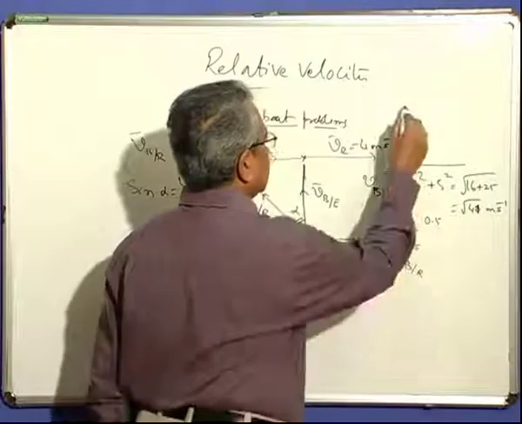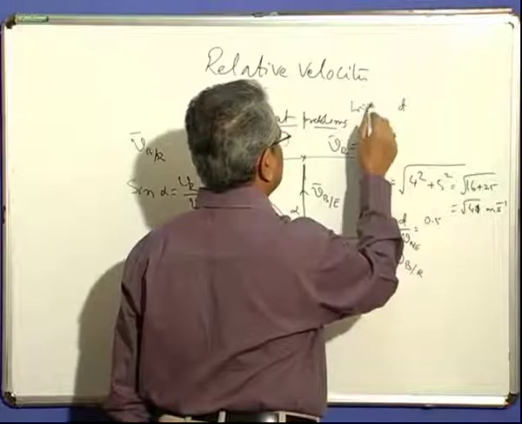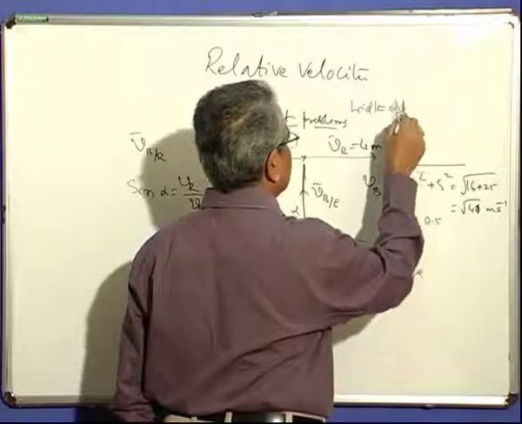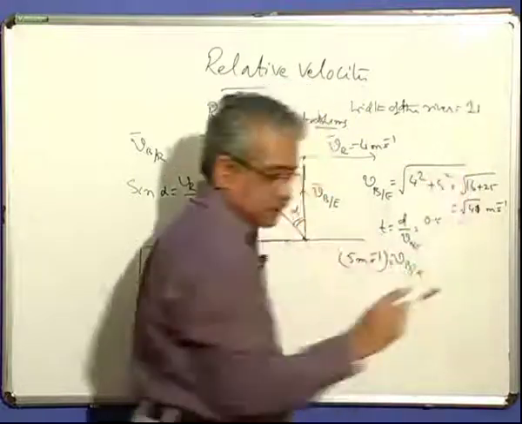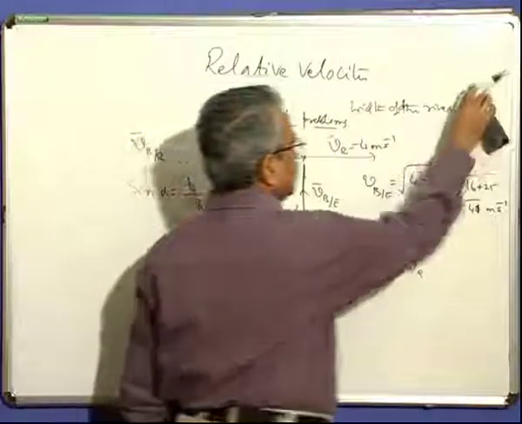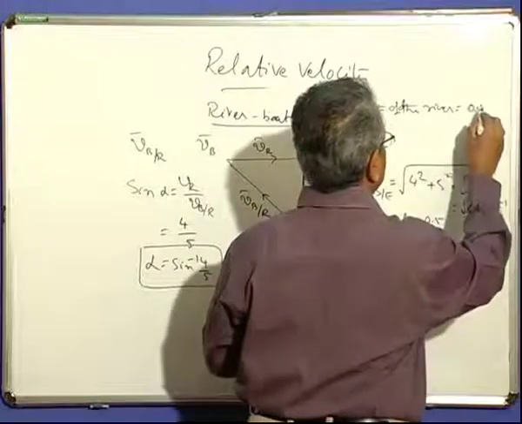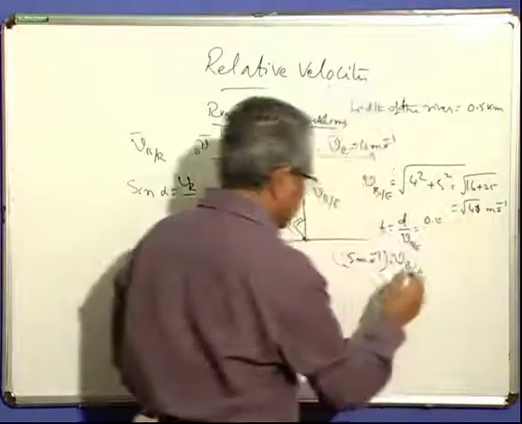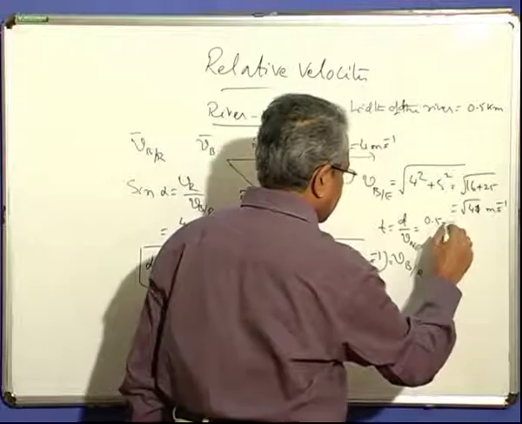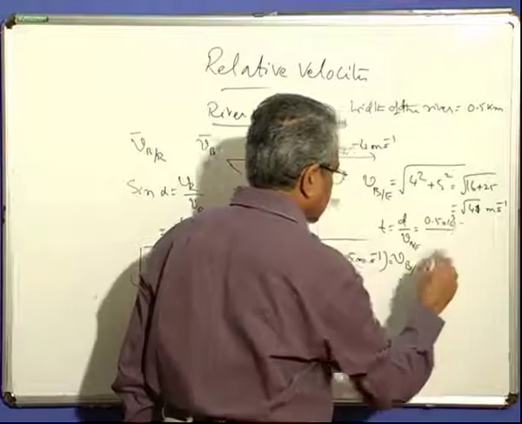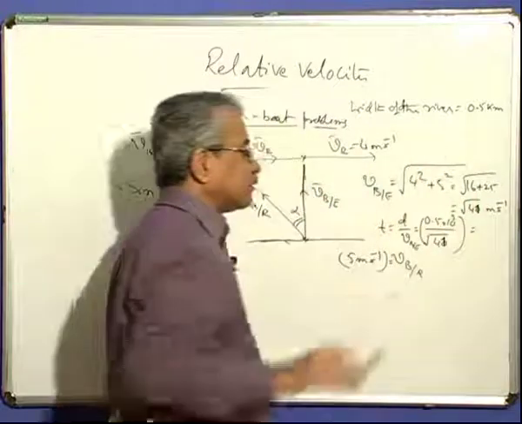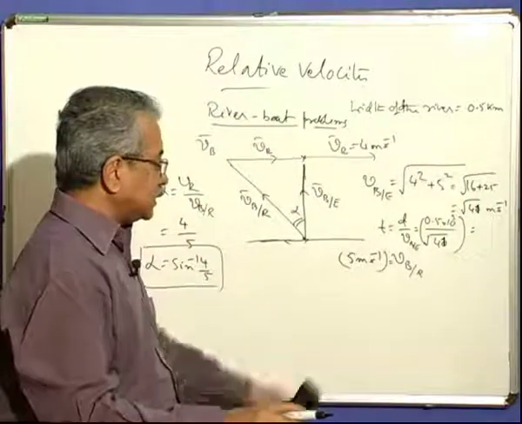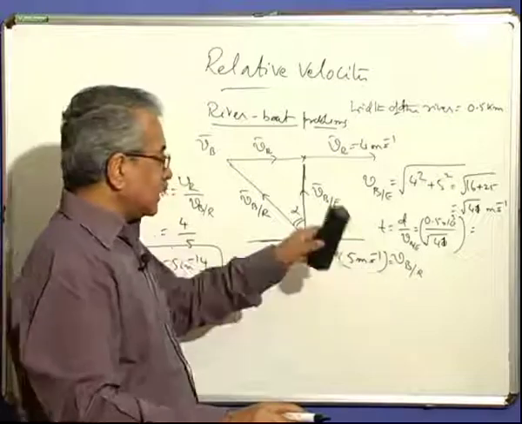D is the width of the river, equal to 0.5 kilometers. Then you see how it moves. This is 0.5 kilometers, therefore we put it into meters. Then you can simplify and put the answer there, whatever it is. So like this, we must be able to get the time.